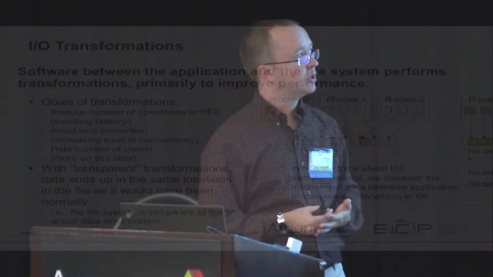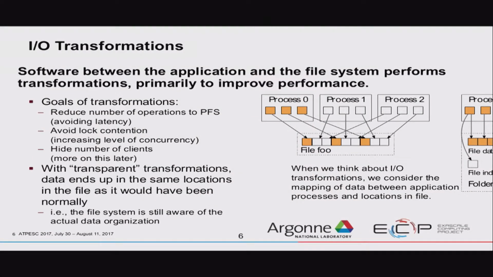So one example of how to combat this is to have some transformations in your storage stack that can take an access pattern that your application described and convert it into something that's friendly to the file system and the storage system. And usually the objectives are sometimes you need to simply reduce how many operations are getting to the file system.